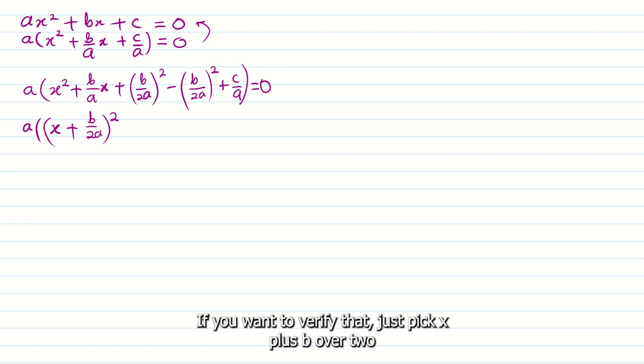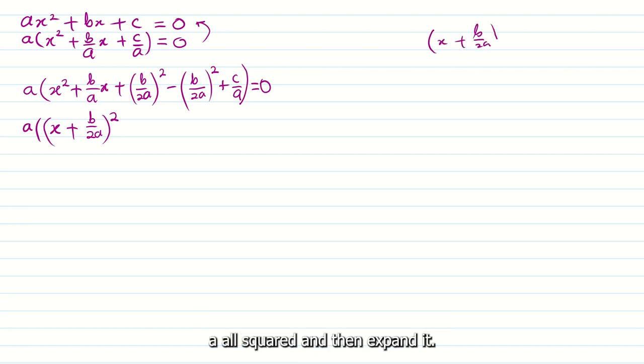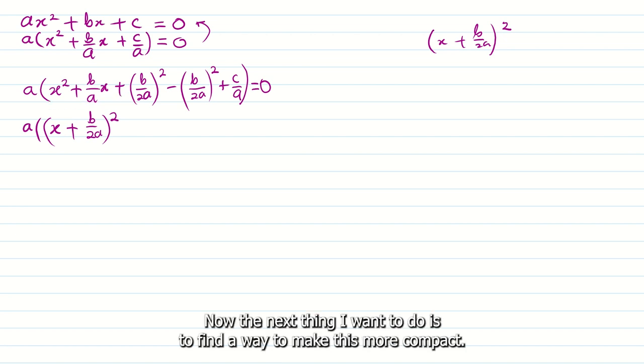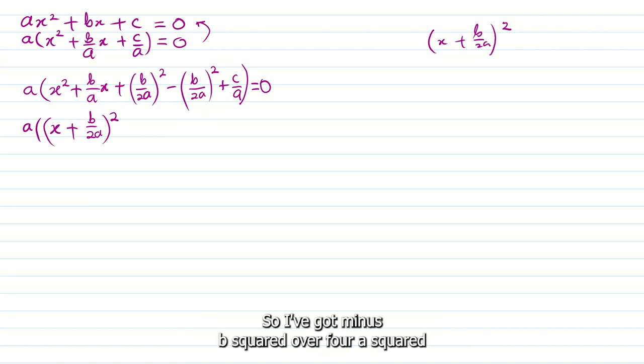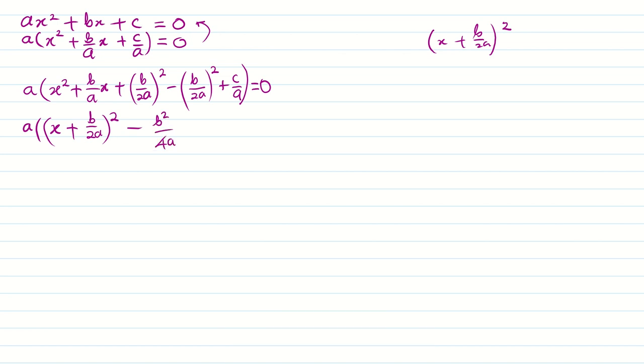If you want to verify that, just take x plus b over 2a all squared, and then expand it, you will get this trinomial. Now, the next thing I want to do is to find a way to make this more compact. So I have got minus b squared over 4a squared, plus c over a equals 0.